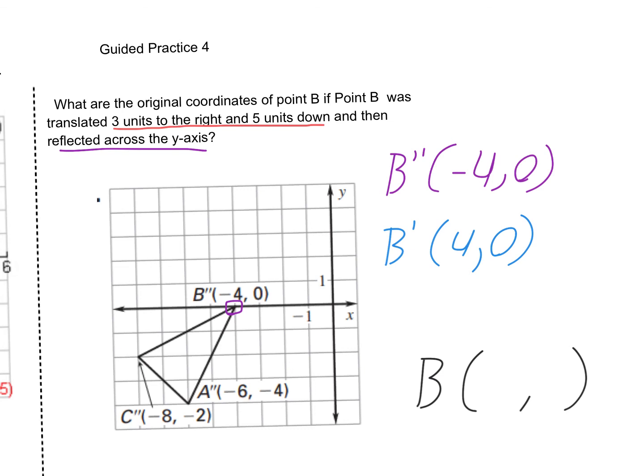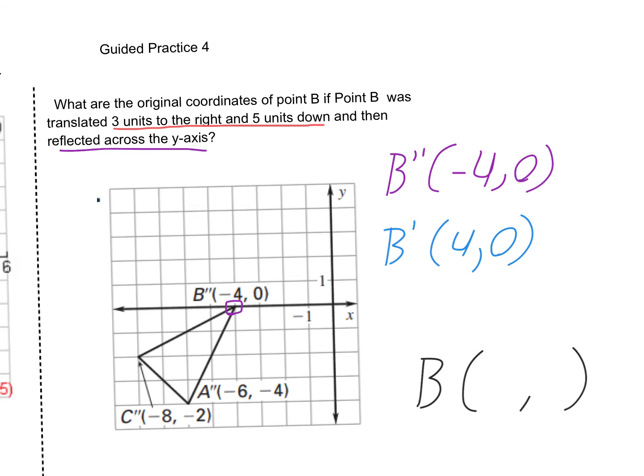Now we look at the translation that occurred. Originally, point B was translated 3 units to the right and 5 units down. We're not going to do the same thing, though. We're not going to translate this B prime 3 to the right and 5 down. Instead, we're going to do the opposite of it.